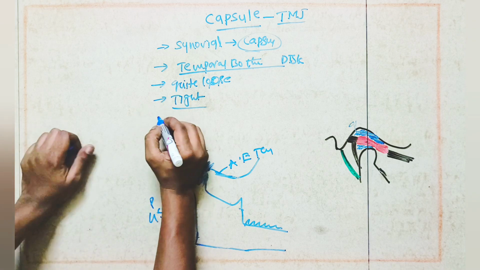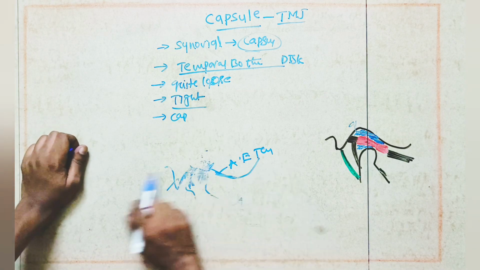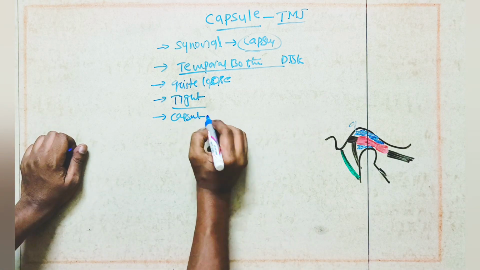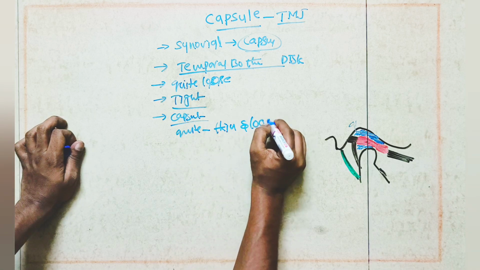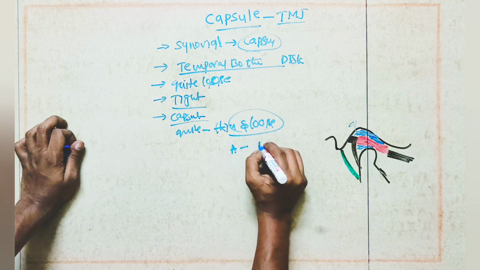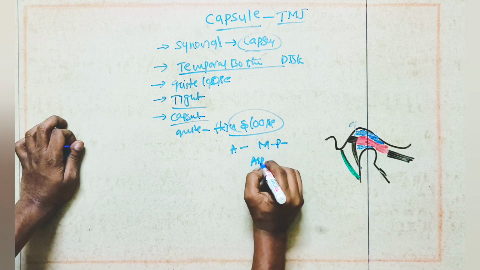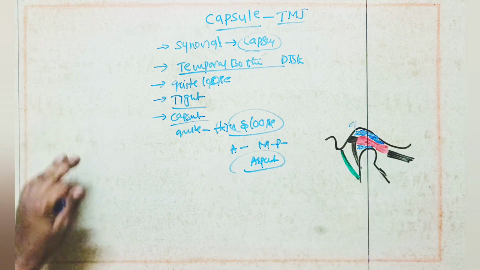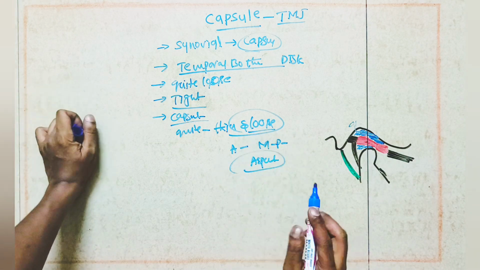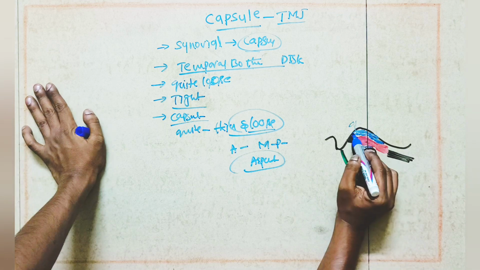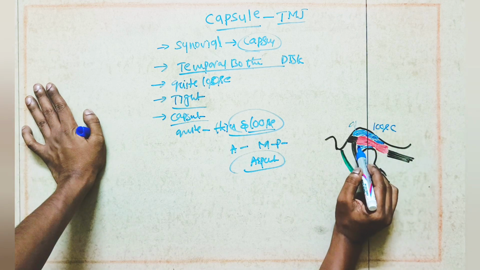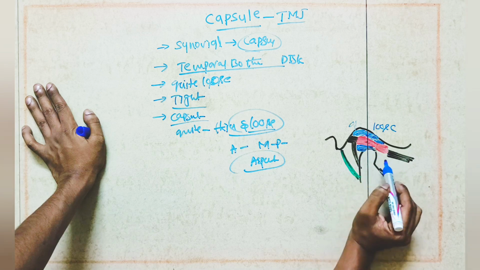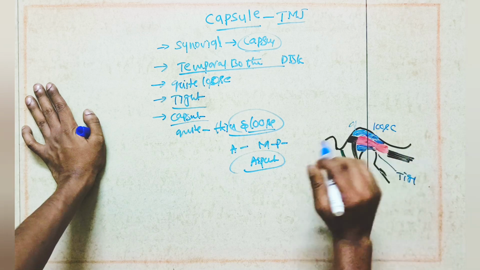First point: the capsule above the disc is loose, and the capsule below the disc is tight.